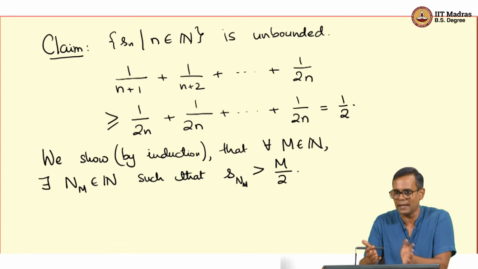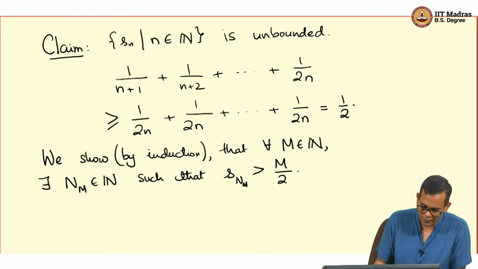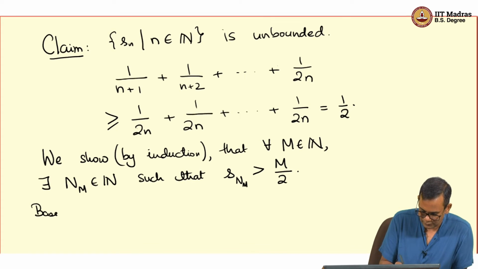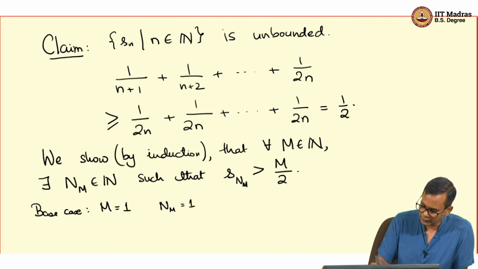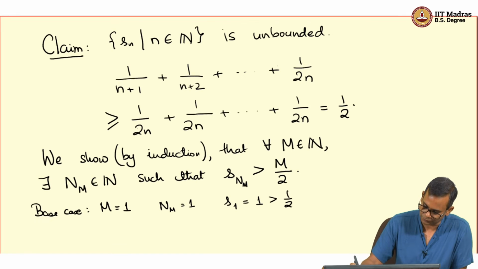So, I just need to take m such blocks. So, let's do this by induction. So, the base case, m equal to 1. Well, we can take n_m equals 1. S1 is just the first partial sum, that is 1, which is greater than 1 by 2. So, we are done.